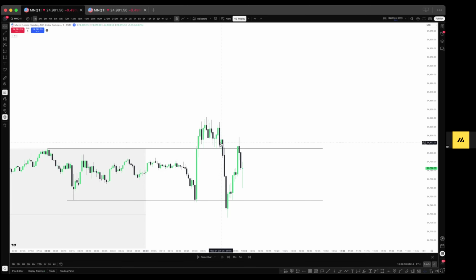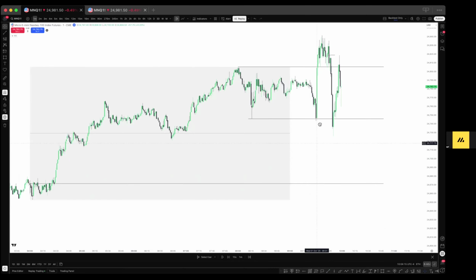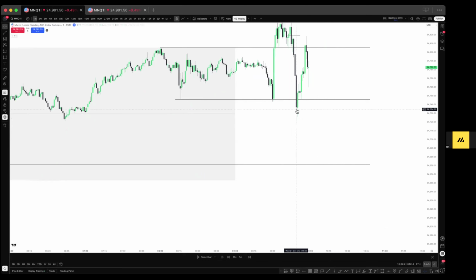But when this one came in, I just thought, okay, any return to this inversion fair value gap right there, I'll just short it. So I shorted from here, stop loss up here, all the way to, I was aiming for the 4 a.m. open, but the market surprised me. And that's the only thing about this approach that kind of annoys me, because I'm chasing the distribution of the day.